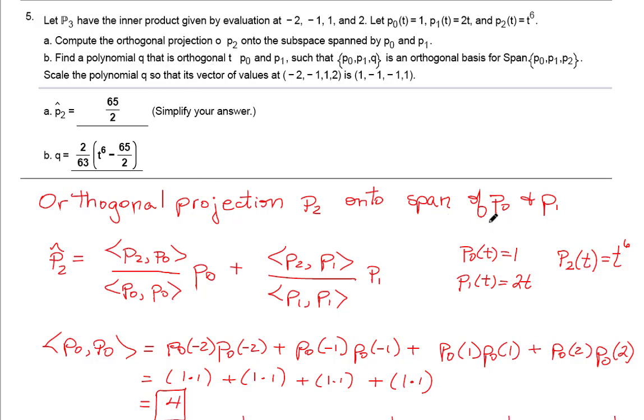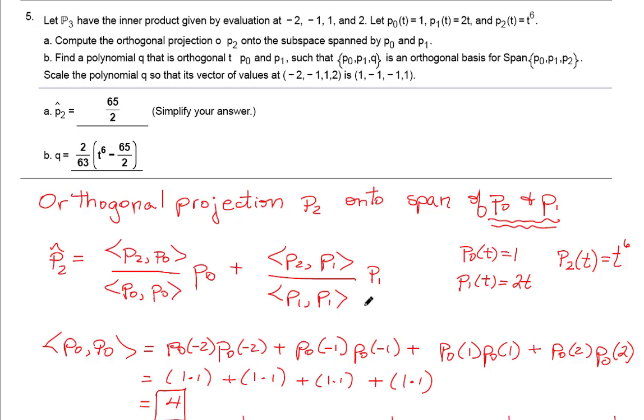Now here, it's spanned by these two elements. All right, so here we have the projection. Since it's spanned by two elements, my projection is going to have pieces for each one.